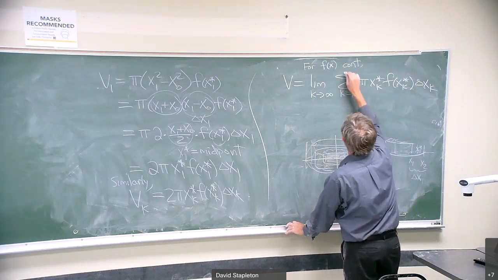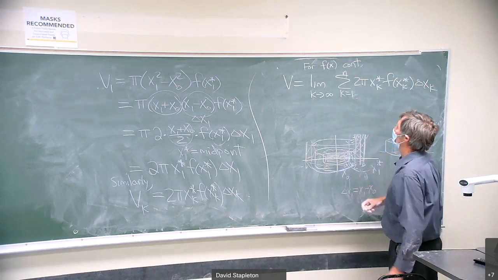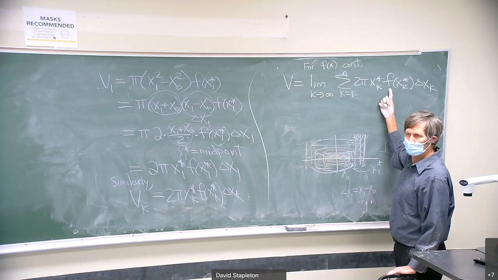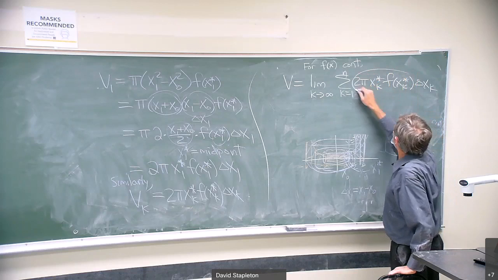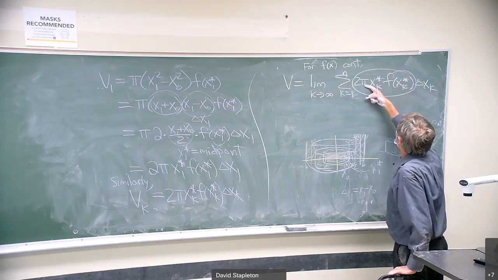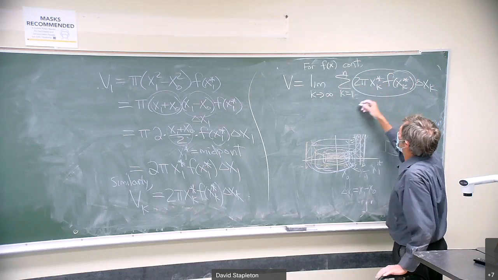We use n rings, or n cylinders, thickened. But what's that? By definition, that's the definite integral of whatever function this is, right? The limit of a sum of a function times delta xk is the definite integral of that function.